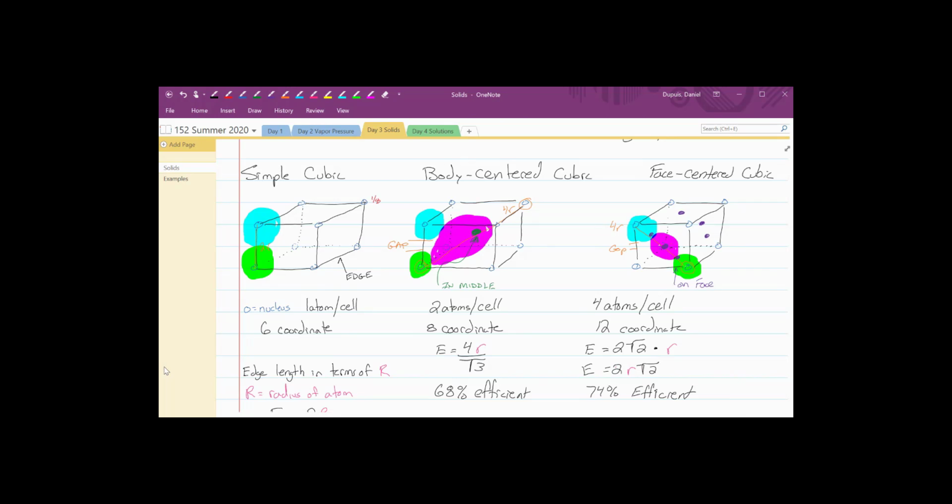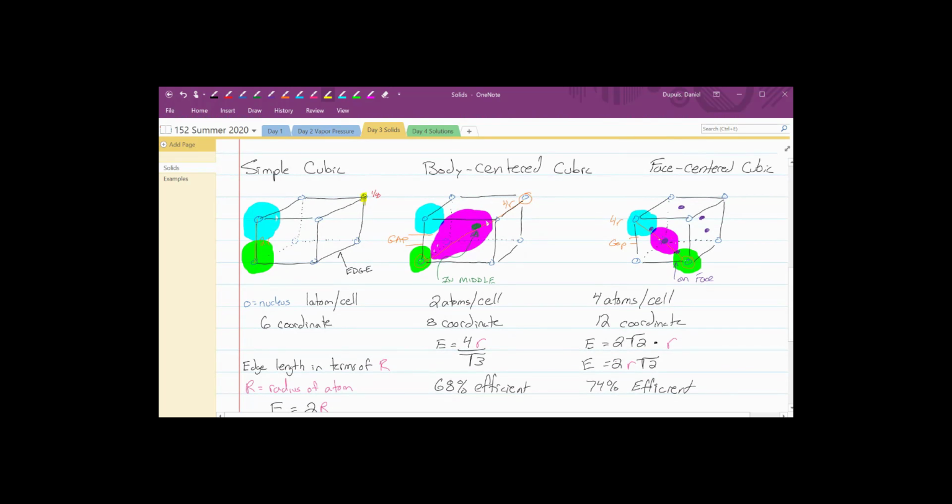Right. So let's look at this right here. Okay, so the atom is obviously in the unit cell shown. There's also a unit cell right next to this unit cell, and there's 2 behind it.